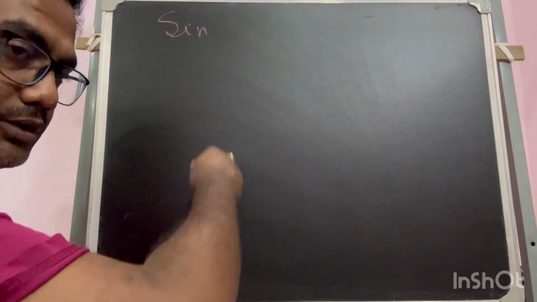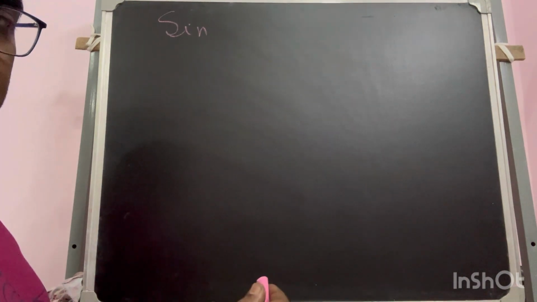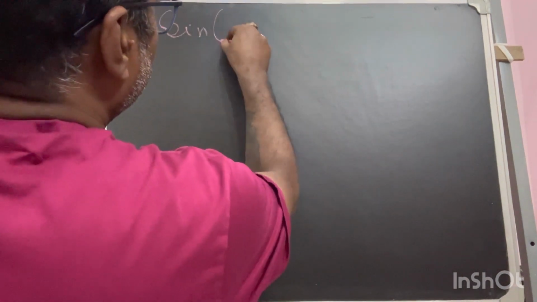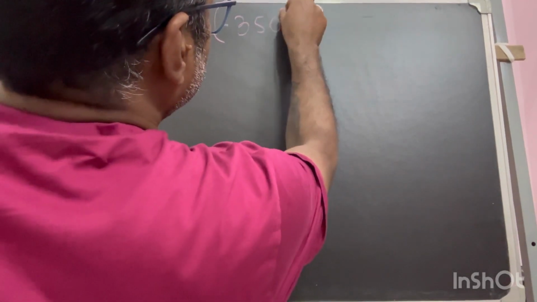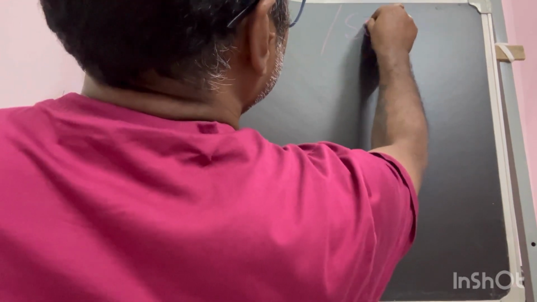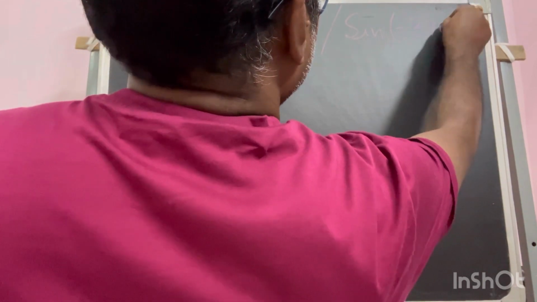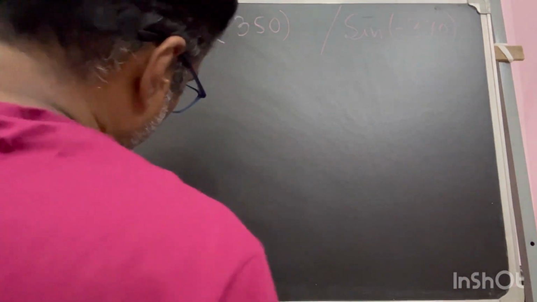So be with me so that what I am trying to make you understand can be understood in a better way. So I take sine of minus 350 degree, and the other one I will show, that I have shown you earlier also, but when I compare these two things, that will be more clear.